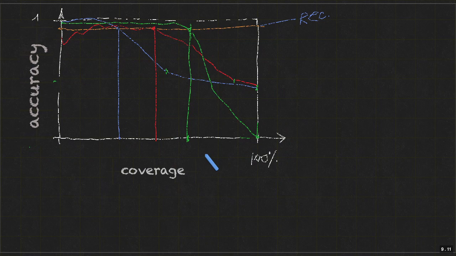On the other hand, if your requirement is higher, then potentially the blue classifier will become the best, because it's very accurate, even though on a very small percentage, but still none of those classifiers give you that coverage. So you have to have all those things in mind when you're evaluating your classifier.